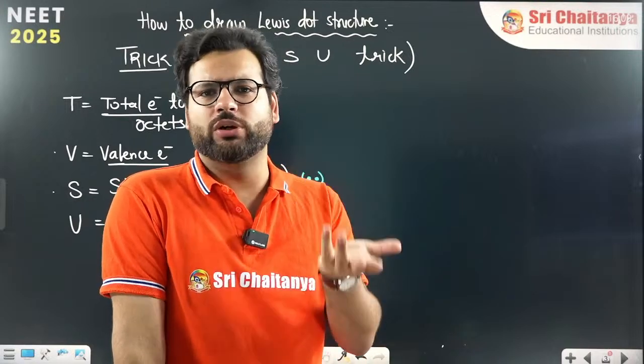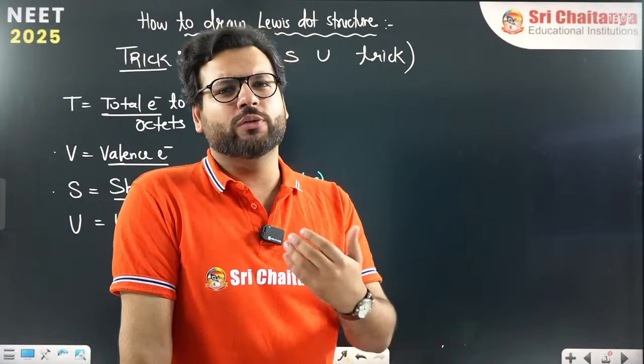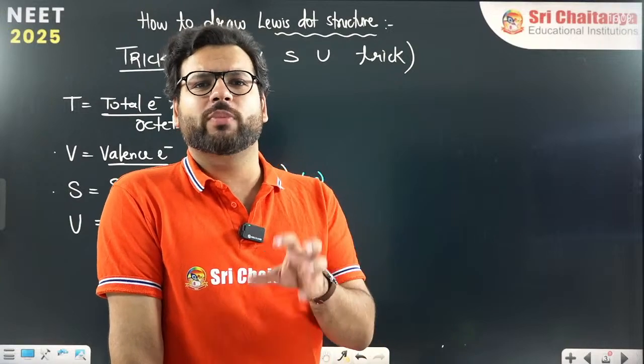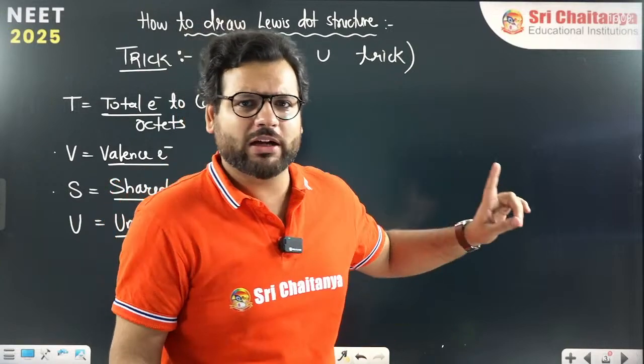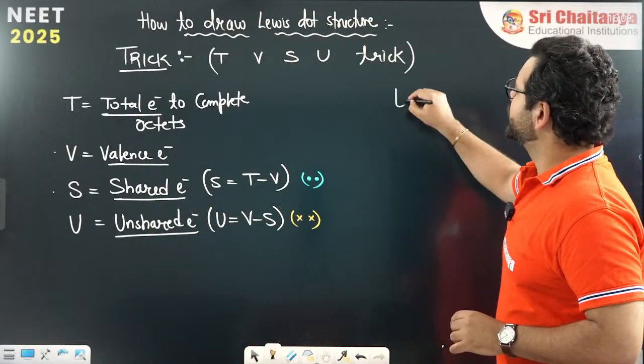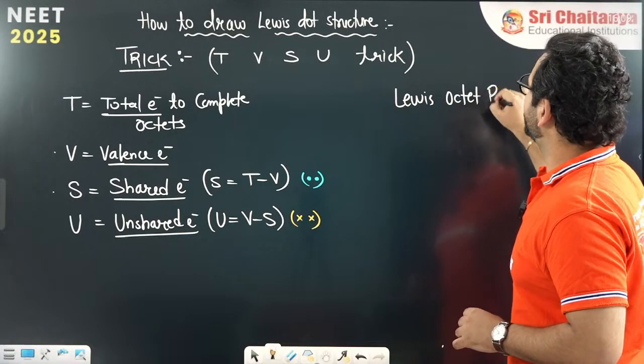That is what Lewis told you. We call it the Lewis octet rule. So to complete its octet, everyone is trying to make bonds, is what Lewis told you. So first we'll write the Lewis octet rule, then we'll see this trick further.